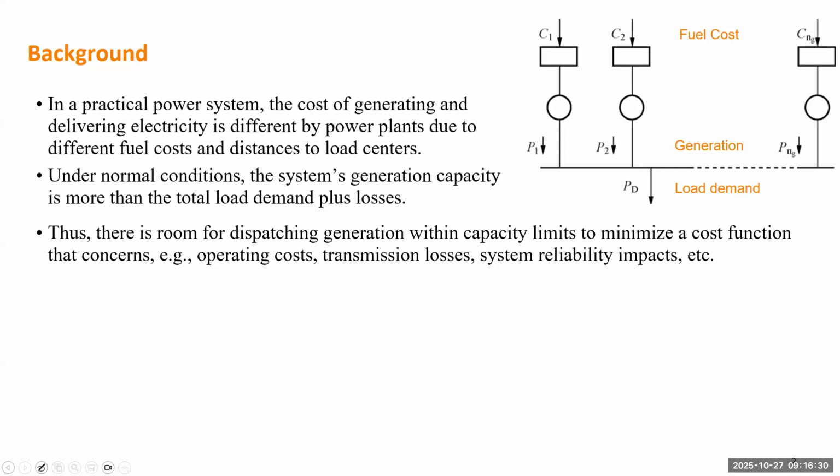Then we need to formulate a problem to minimize the total cost of the generation. And there are also some other formulations of a similar problem which also consider maximizing the benefit of reliability. So you want to minimize the cost and also maximize the reliability or stability of the system.